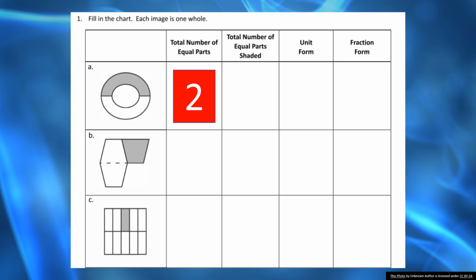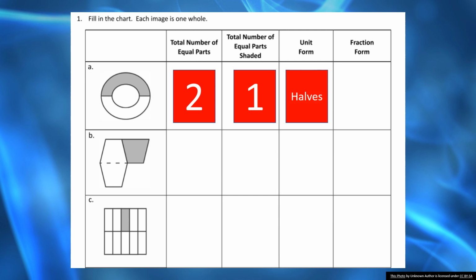Now we need to tell the total number of equal parts that are shaded. So, how many parts are shaded? If you said 1, you're absolutely correct. Now, since we have 2 parts, then that means that the unit form or the fraction that we're working with right now is halves, because it's 2 halves.